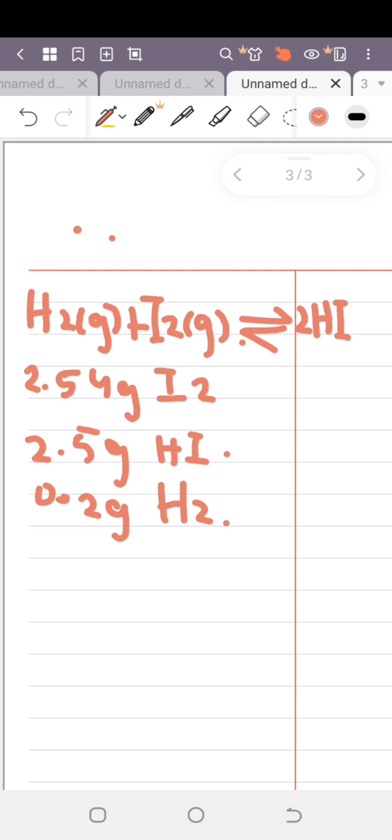Now in this question, they say these are obtained at equilibrium in a 1 liter vessel, inside which they are all present at equilibrium. Calculate Kc and Kp for this reaction.